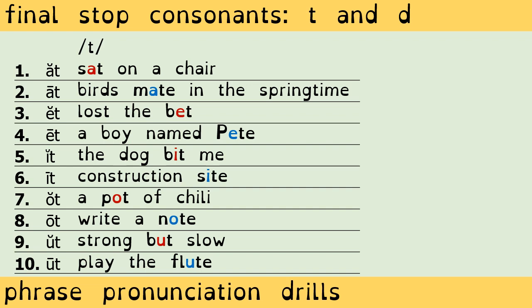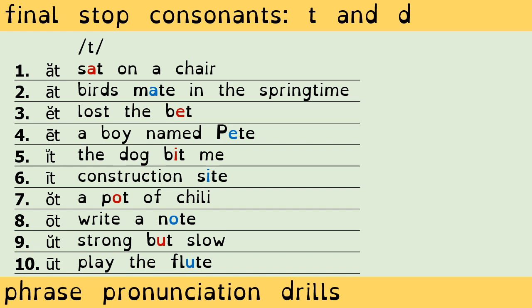7. Ought, a pot of chili. 8. Oat, write a note. 9. Ut, strong but slow. 10.